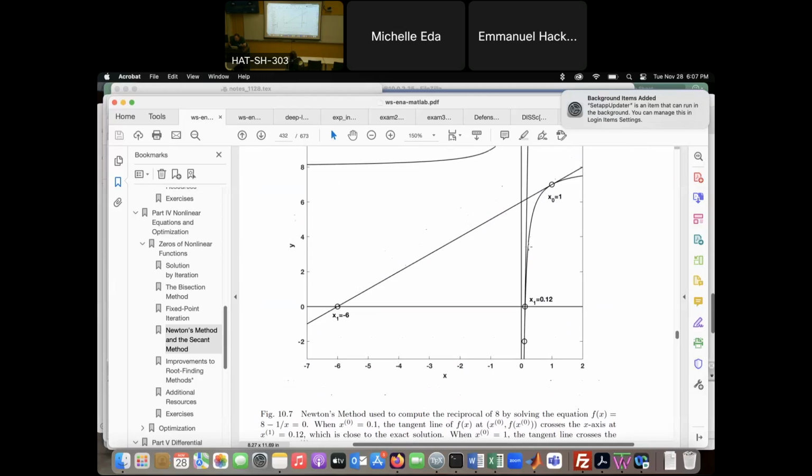So the problem is, since I'm choosing a positive initial guess, I need to make sure that my iterates remain positive. As long as my iterates remain positive, then I should get convergence. So how do we guarantee that? Well, if there's any questions about the behavior of the graph.